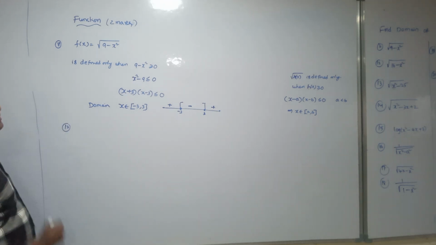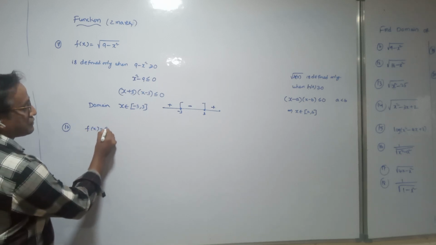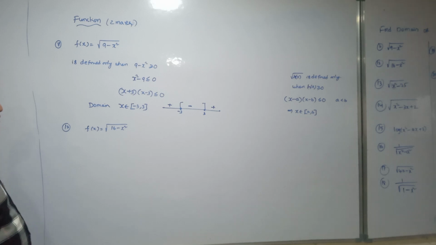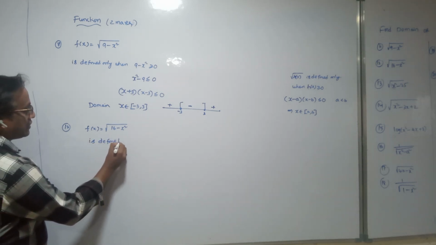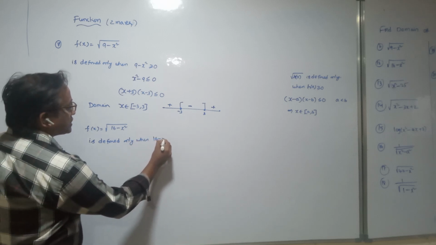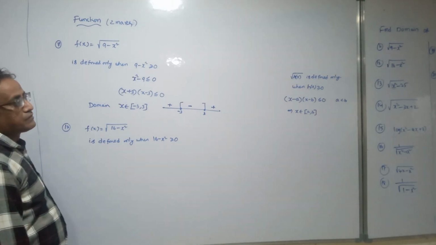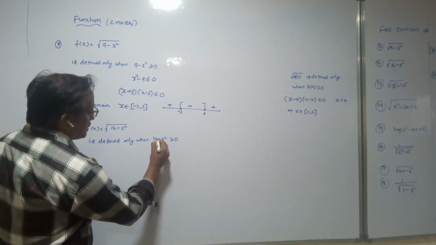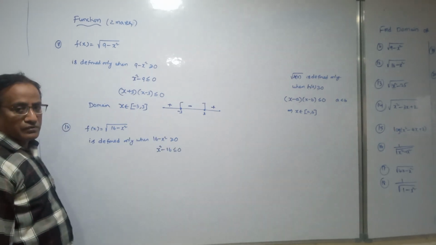Next, the 12th one. Domain of f of x equals square root of 16 minus x square. Again, it is defined only when 16 minus x square is greater than or equal to 0. If you multiply with minus, it will be x square minus 16 less than or equal to 0.